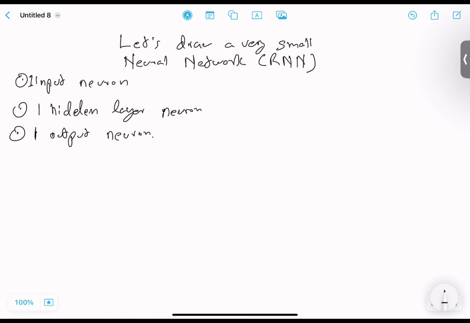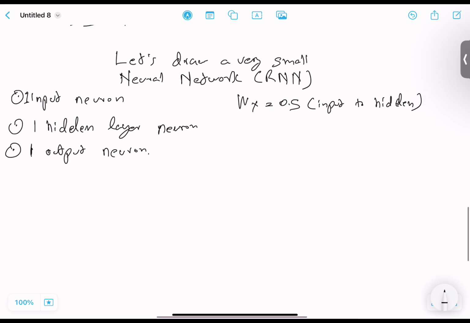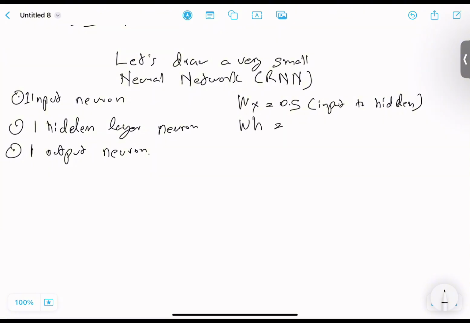We have these parameters in this neural network: the weight of x, which will be 0.5, that means input to hidden. Then the weight of the hidden state.